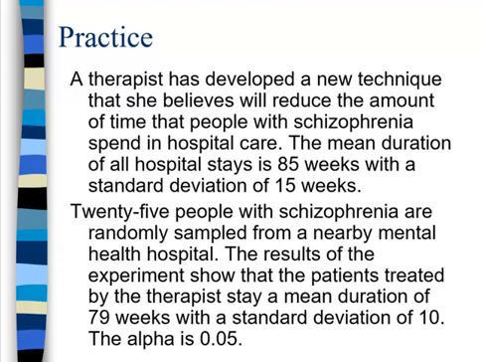The results of the experiment show that the patients treated by the therapist stay a mean duration of 79 weeks with a standard deviation of 10. The alpha is 0.05. All right, you can do this. I want you to go through all 6 steps of hypothesis testing and pause the video. And when you come back, I will guide you through and you can compare your work to mine.